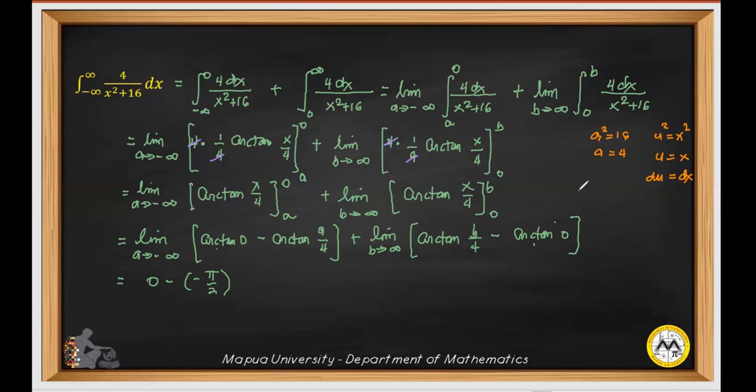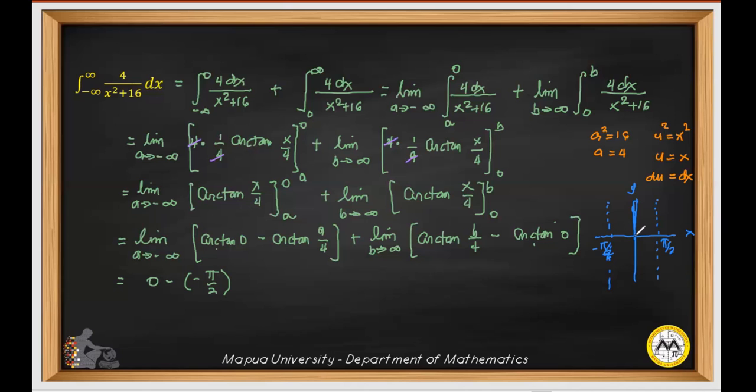Okay, note that if we recall our trigonometry, if we consider the tangent function, if this is the y-axis and this is the x-axis, if this is pi over 2 and we have negative pi over 2, take note the tangent function is not defined at pi over 2 and negative pi over 2.